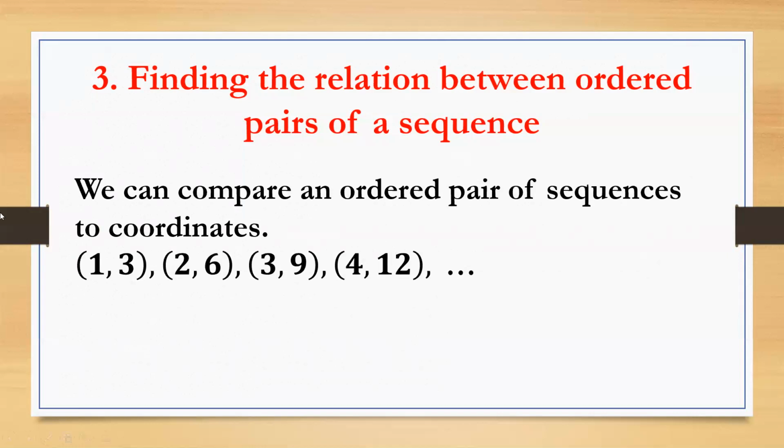We compare these to coordinates. So in this case, we will have x equal to 2 and y equal to 6. And here you can see that we need to multiply by 3. So here we will have y equal to 3x.